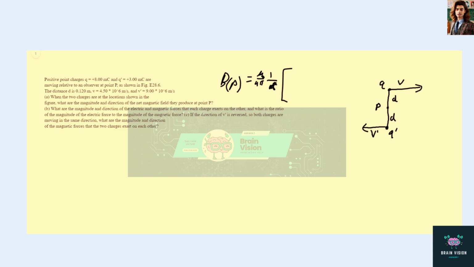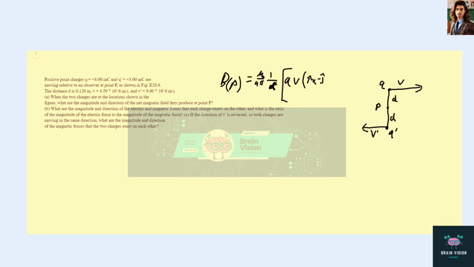So one is going to be the charge times the vector v cross r hat. So for the first one, we have q v, and then it's going to be the unit vector i hat cross with negative j hat.